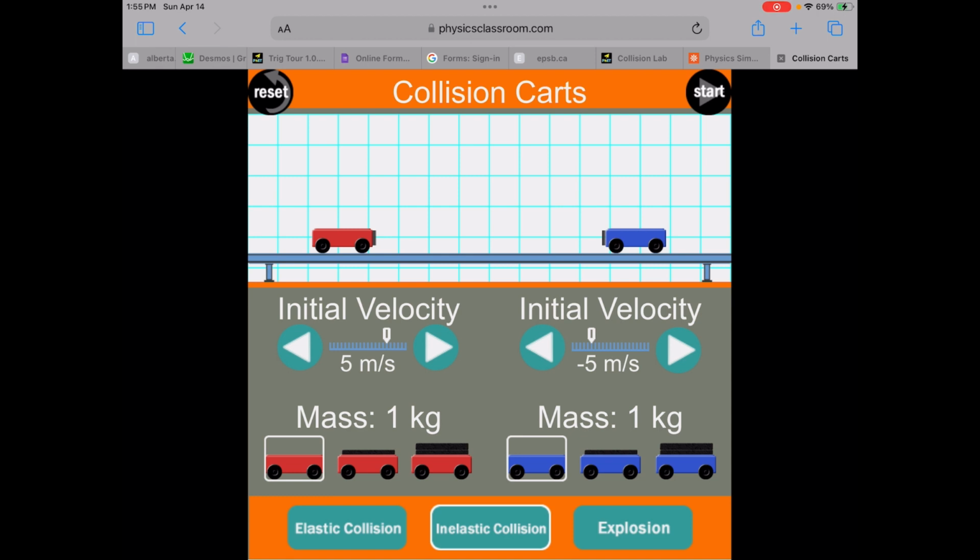Let's see how that looks if the carts stick together. Make a prediction. How will that look? 0 momentum, but the two carts stick together. Oh, they both just come to a stop, right? By sticking together, they kind of become one object almost. So our two objects have become one object, right?